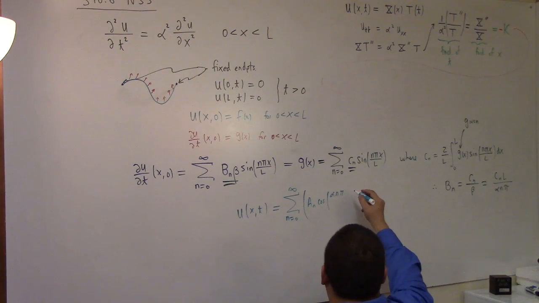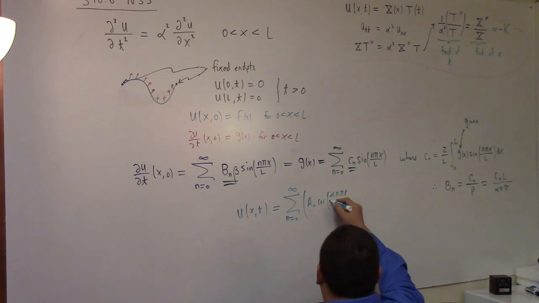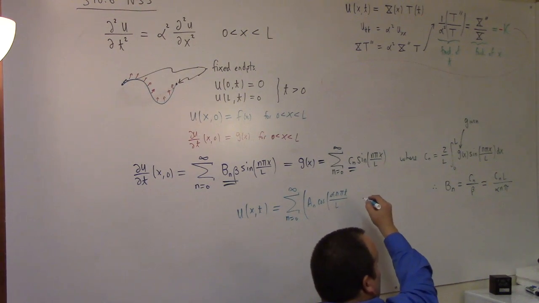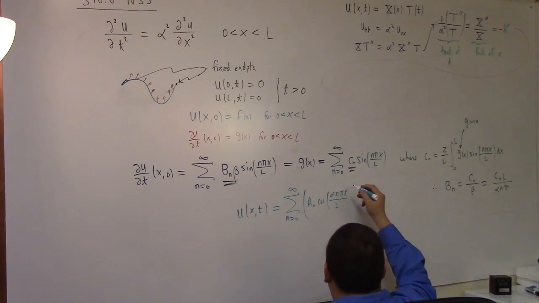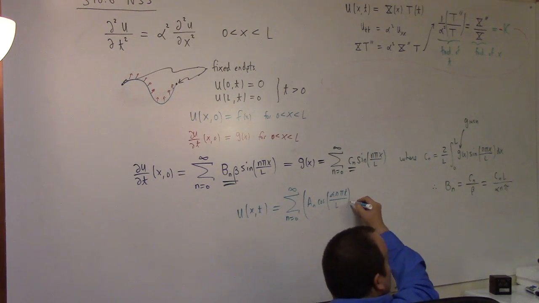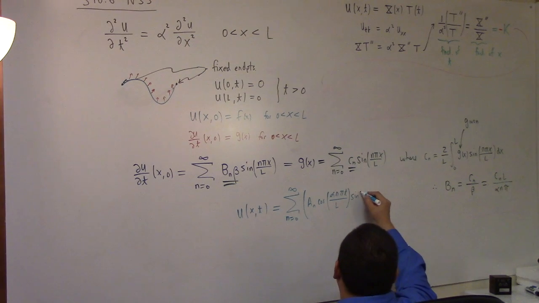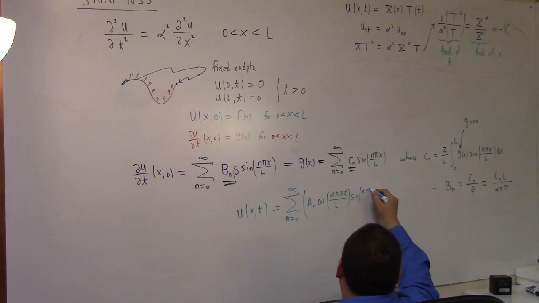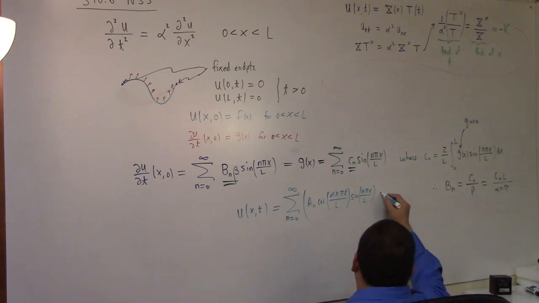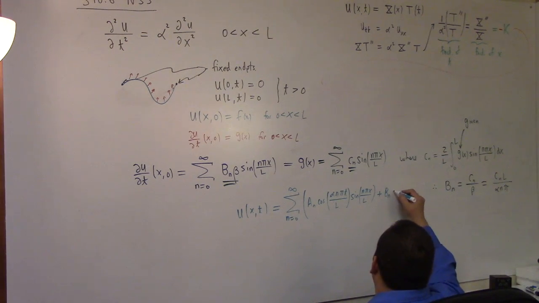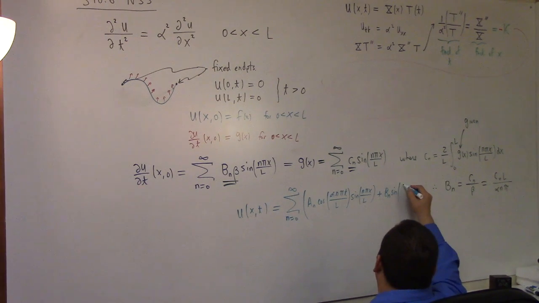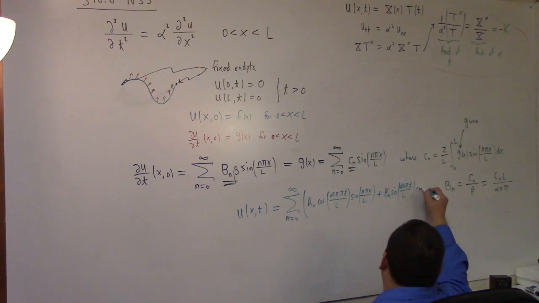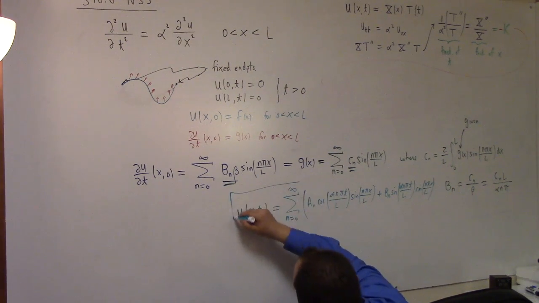Oh no. That cough is bad. Alpha n pi t over L, sine of n pi x over L, plus the b sub n, sine of alpha n pi t over L, the sine of n pi x over L. Right?